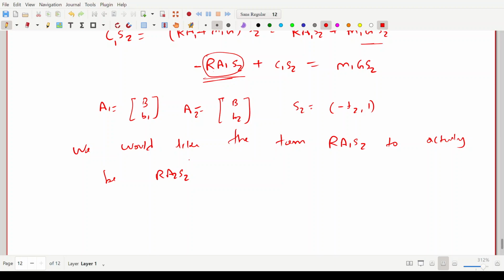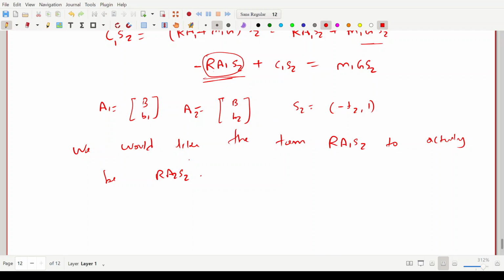And this would give a small error, while we cannot say anything about the size of RE1S2. I don't know how big it will be. So this means that the actual and ideal term only differ by a factor of R.